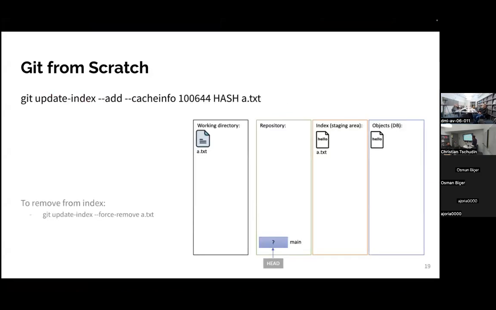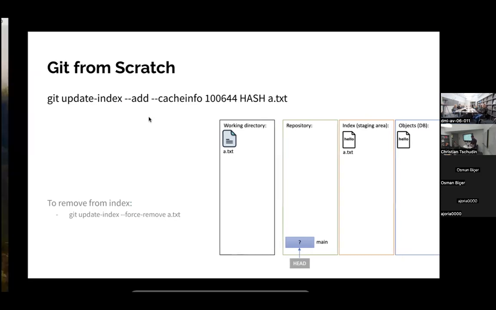Okay. Then the next step is to index our file. We have to put it on the staging area. To do that, we use git update-index with these arguments. It is just a number to say something about the file type and things like that, and I don't want to confuse you with this one.